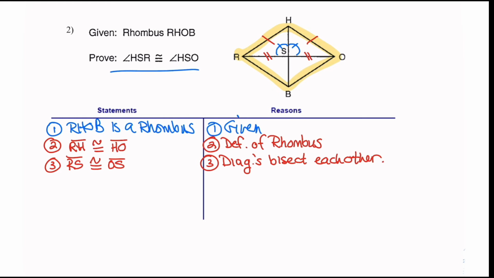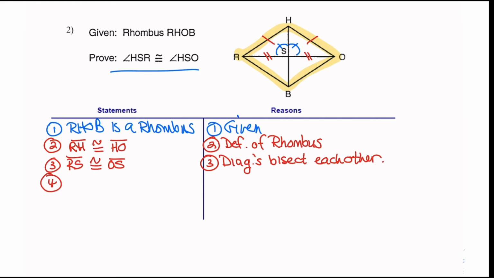Alright, and another thing that we know is that, so you can label this angle here 1 and this angle here 2 and state that angle 1 is congruent to angle 2 because, well, can we say that? Well, maybe we may not be able to say that exactly, but let's backtrack here, think about that.